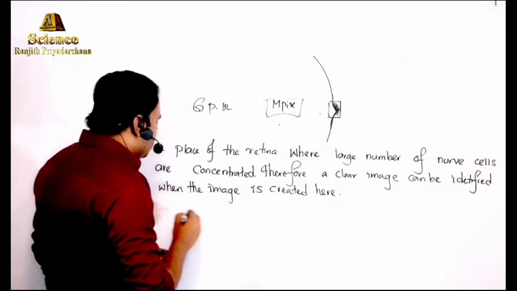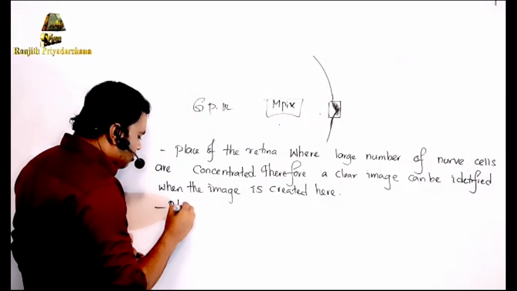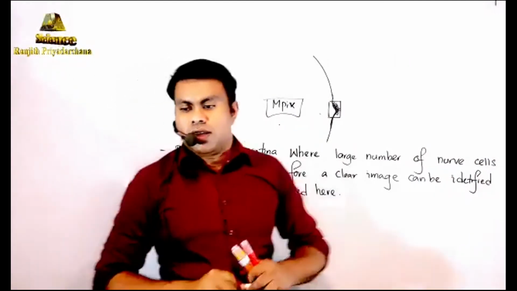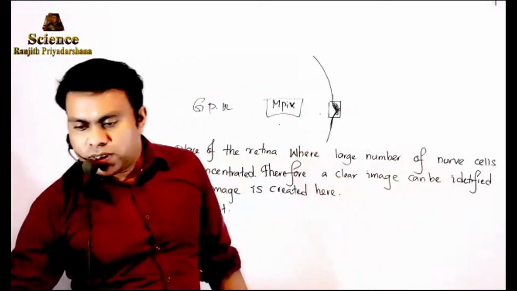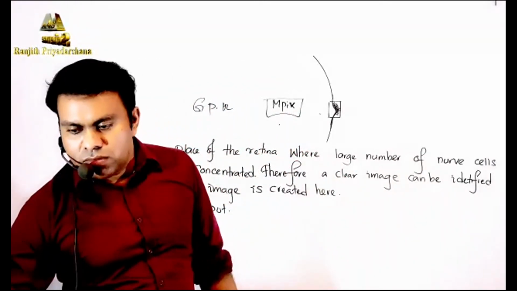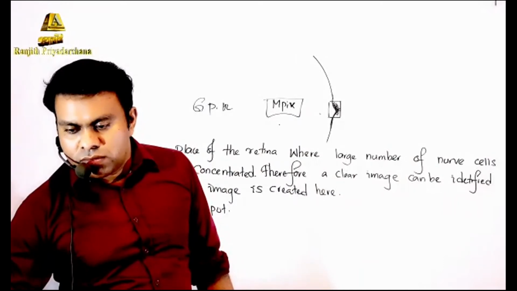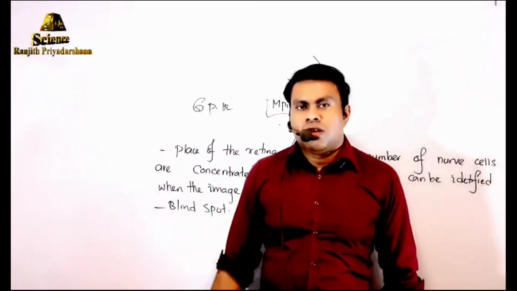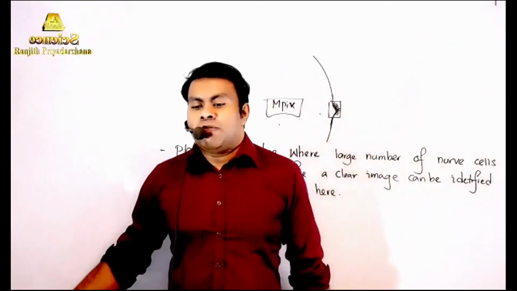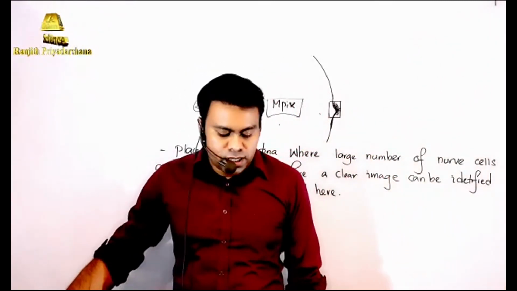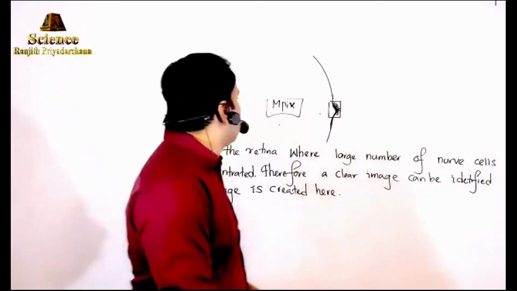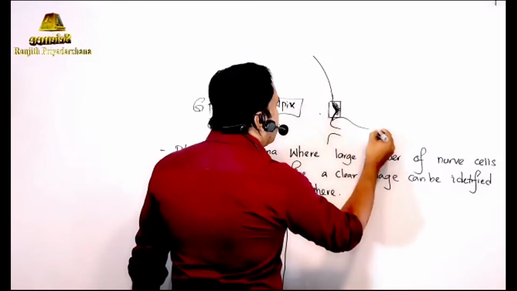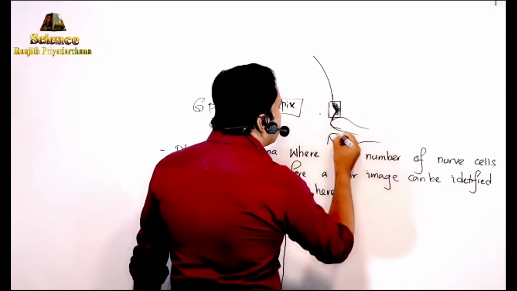Next, blind spot. Take down what is known as the blind spot. Yes, we discussed earlier. Blind spot is the place where the optical nerve begins.